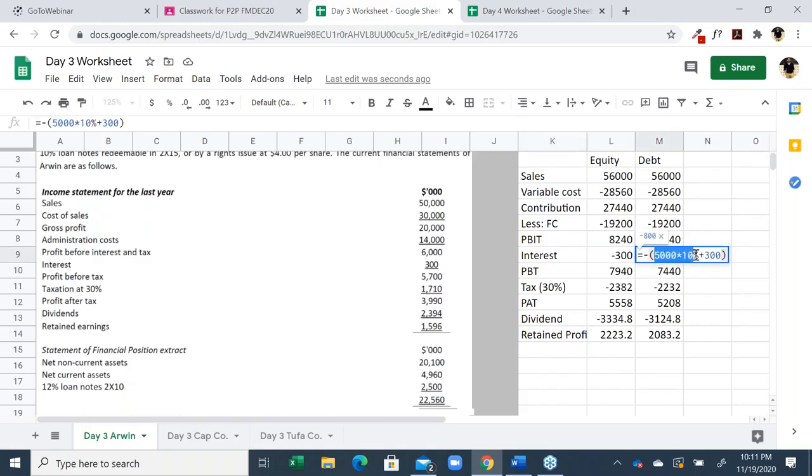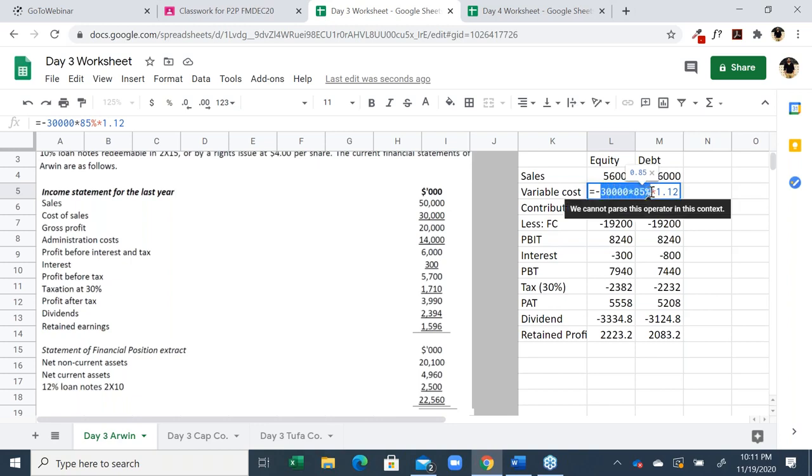Interest is 10% of the new loan and 300 on the existing one. The variable cost of sale is simply 85%. Existing one, I'm talking about the existing one. The existing one is 85% of the existing cost of sale.